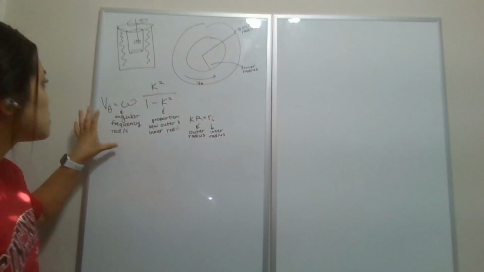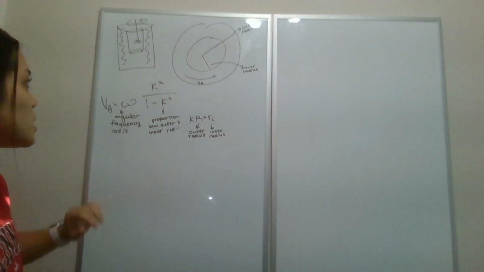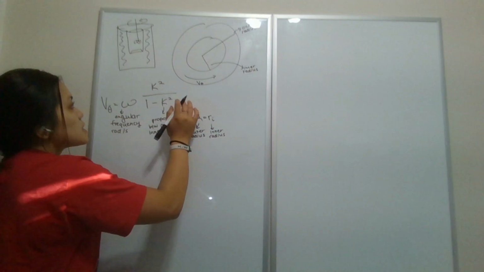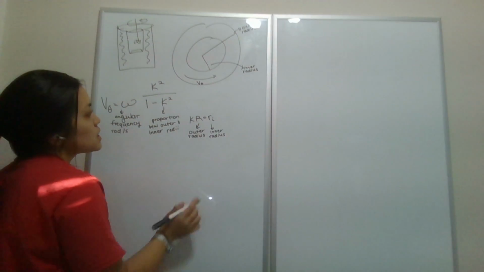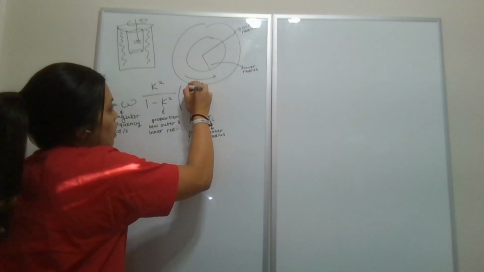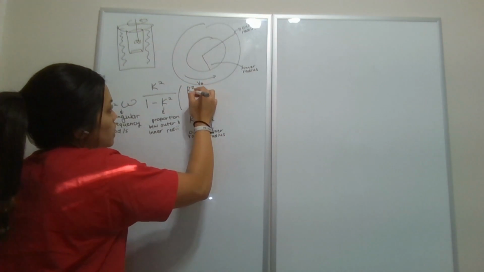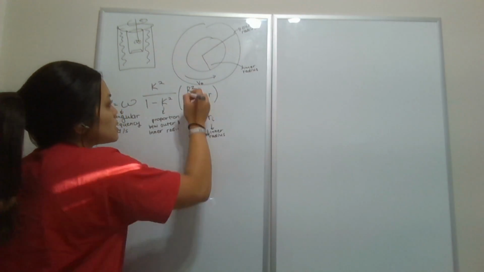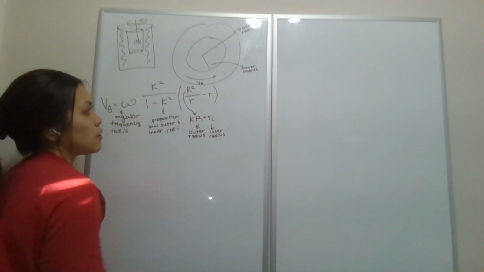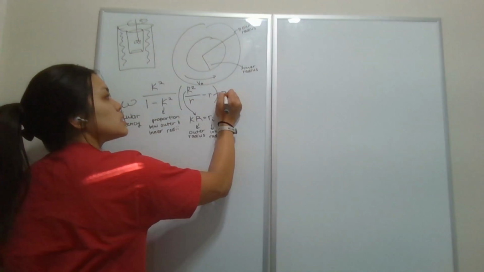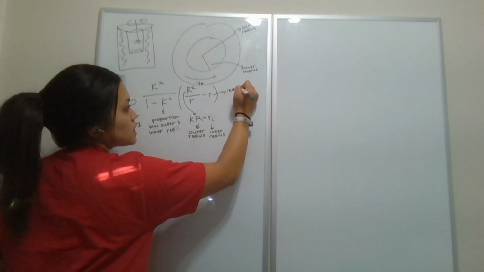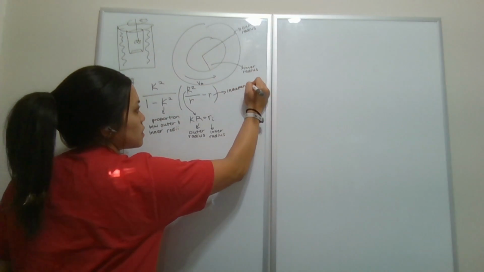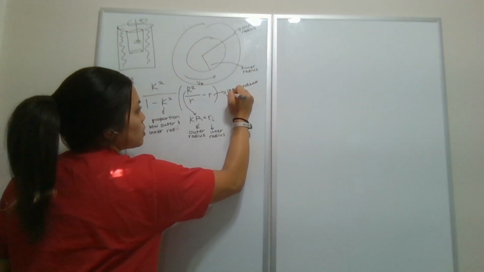So going back to our definition of the velocity profile, it's k squared divided by 1 minus k squared times the quantity of capital R squared divided by lowercase r minus lowercase r. So again, this capital R is just the outer radius, and this lowercase r is our independent variable.